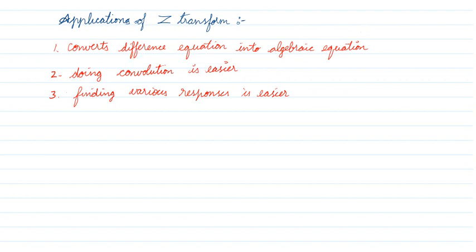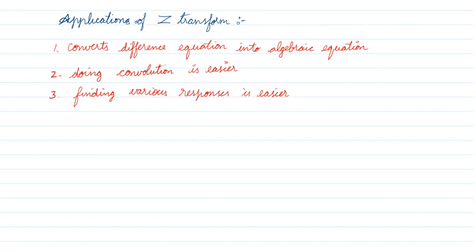Then convolution is also very much easier using Z transform in the discrete time domain. Similarly, finding the various responses, meaning impulse response and step response, is easier when we work with Z transform than working straight away in the discrete time domain.